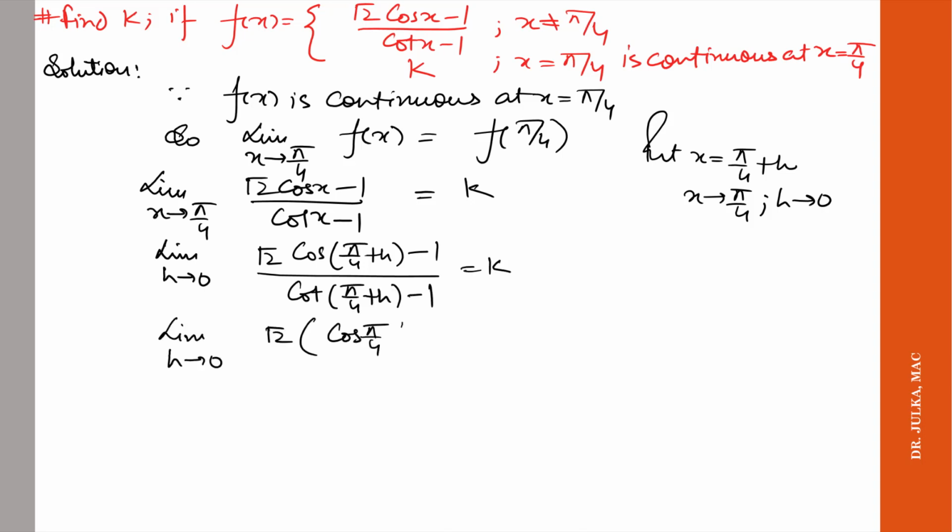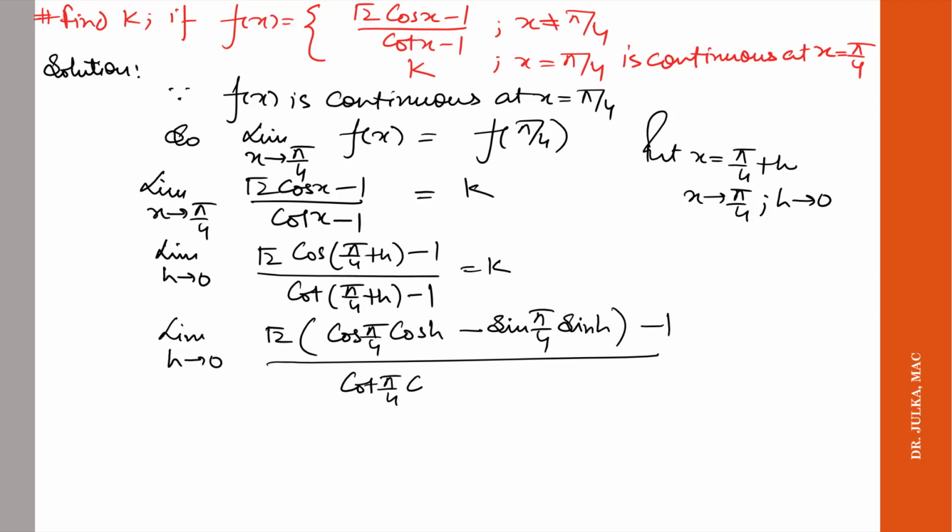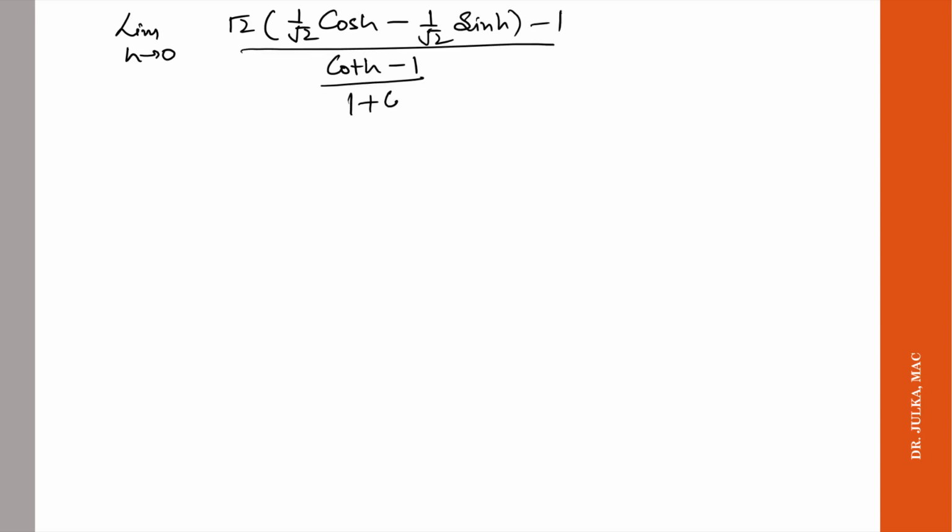Cos(a plus b) is cos a cos b minus sin a sin b, and in the denominator we use the formula of cot(a plus b), which is cot a cot b minus 1 divided by cot b plus cot a, and the whole equals k. After putting the values cos 45 as 1 by root 2, sin 45 as 1 by root 2, and cot pi by 4 as 1, we'll get this equation.